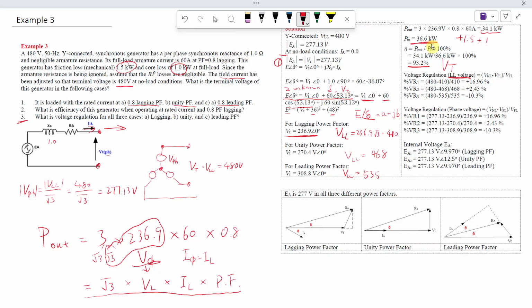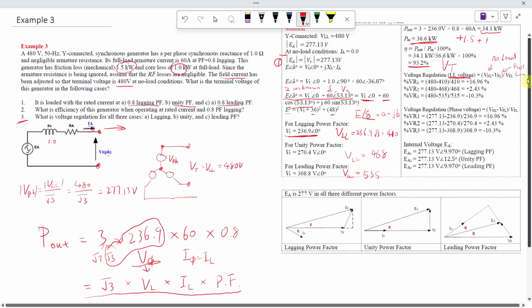So the equation is you use the voltage at no load minus the voltage at full load, divided by full load. So no load is 480 minus full load 410, divided by 410, and you get 17.1.